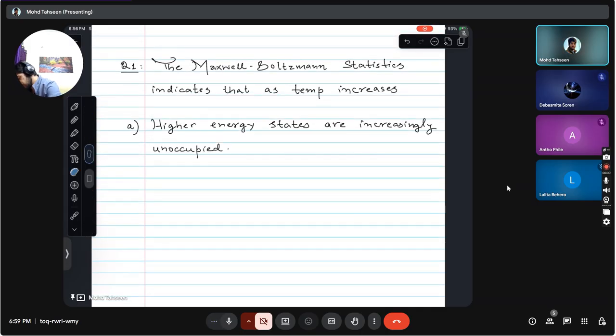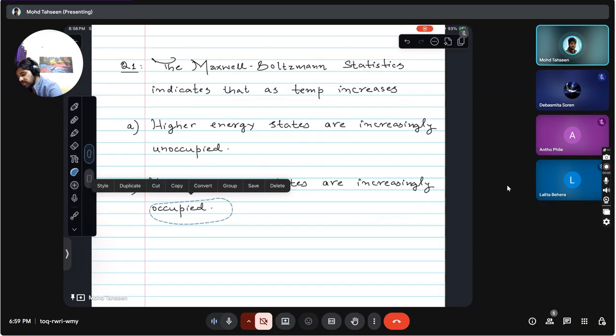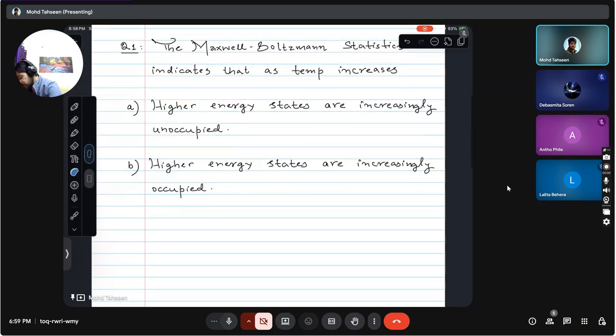Option B, higher energy states are increasingly occupied.